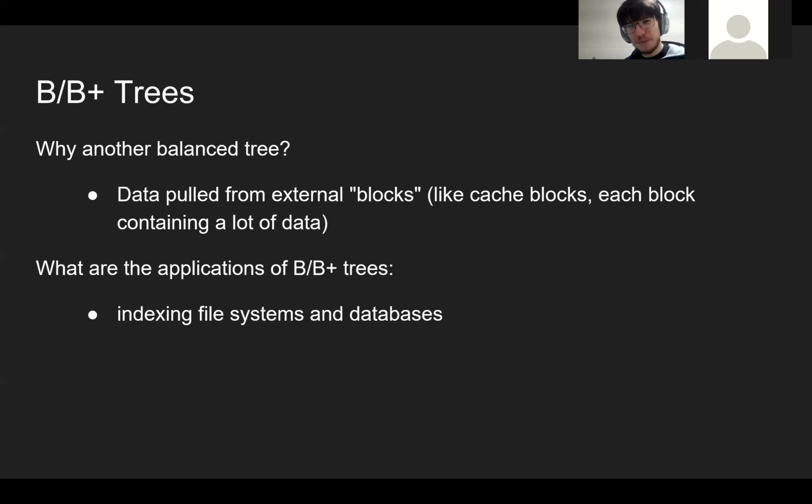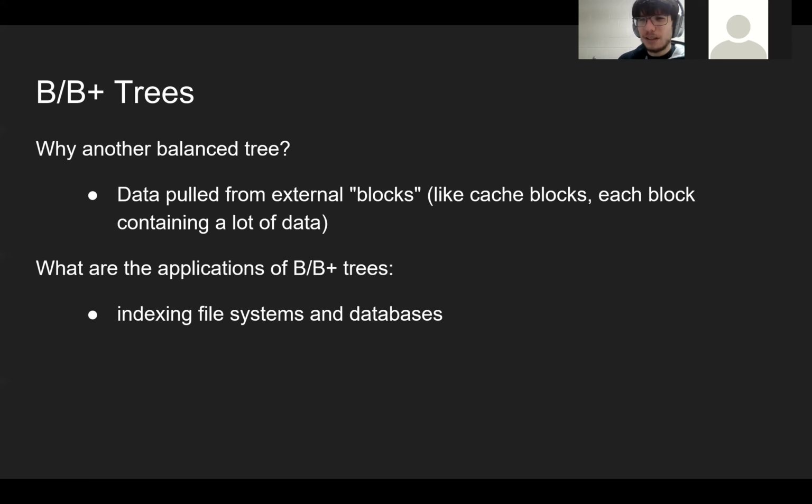If you had to take each one by one from external memory, that would be very slow. But if you bring it in as one big block, that'll be a lot faster because now all the data is near your processor.